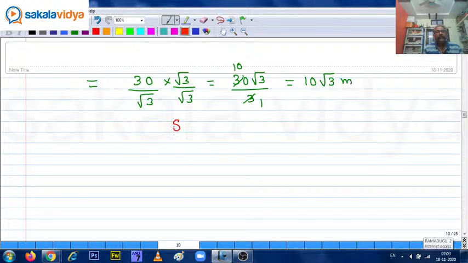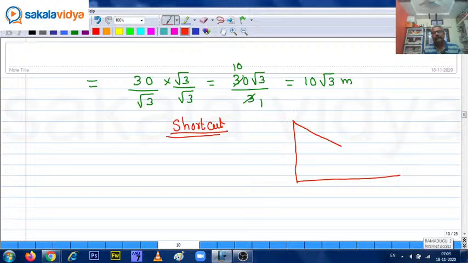So now, super shortcut. So what is the shortcut? Just draw the figure. Figure is important. So this is the tower. This is given 30 meters. This angle is given 30 degrees. See, for 30 degrees this will be 1, this will be root 3, this will be 2.